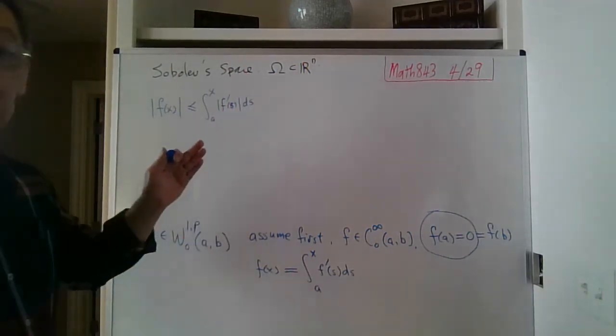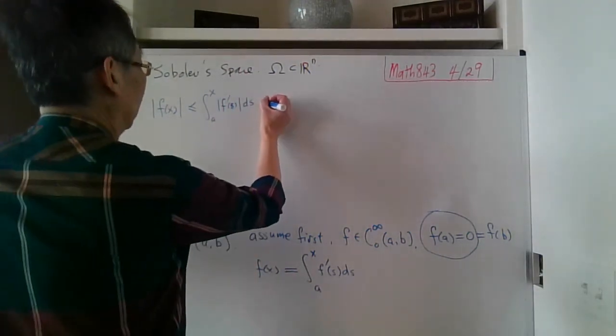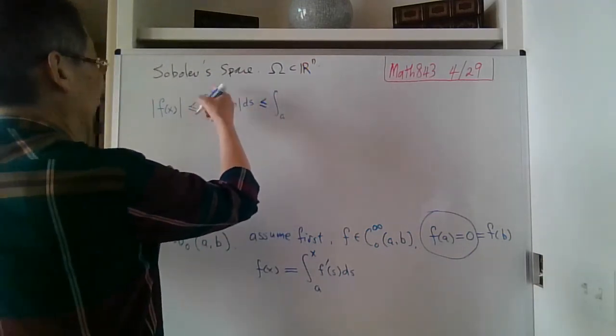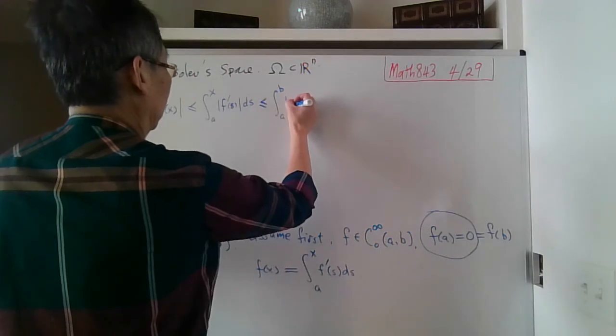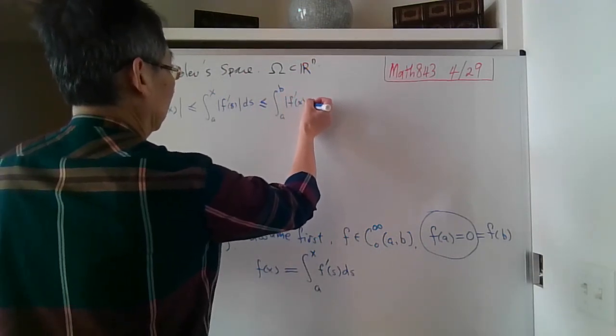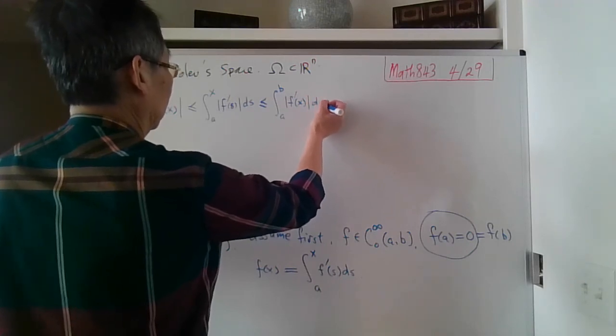This is the standard estimate, a very simple one. Then this can be controlled by the integral over the whole interval (a,b), replacing x by b, of |f'|. Now you can return to x, and you'll get that.